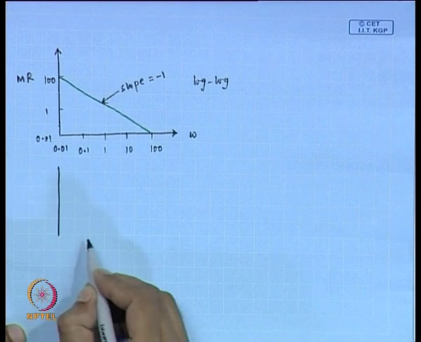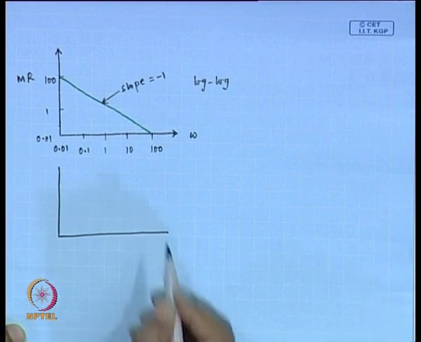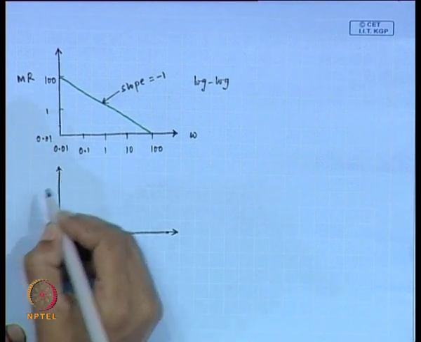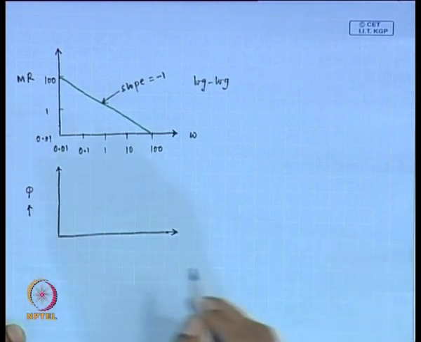In the next plot, we consider phi and omega.